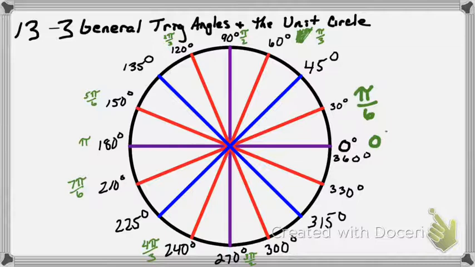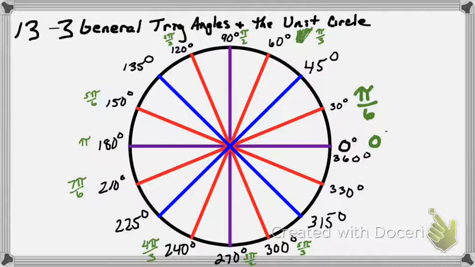3 pi over 2. 300, how many sixths are we on? 10. So 10/6 reduces to 5/3. 330 would be what?